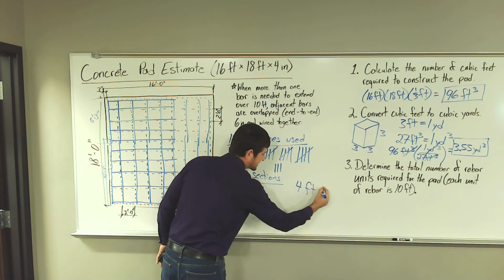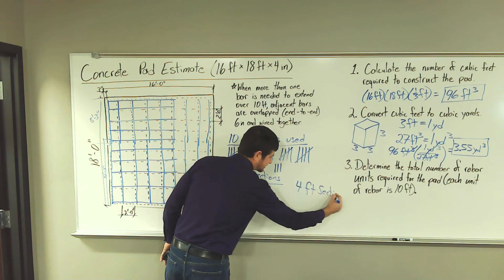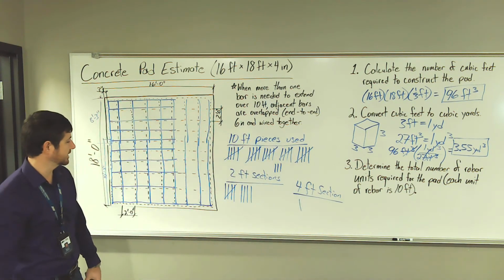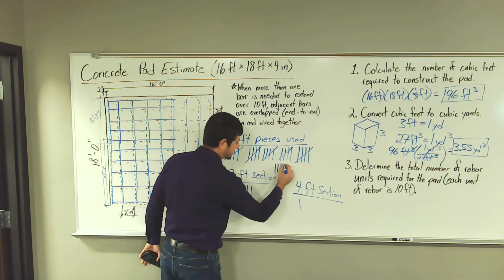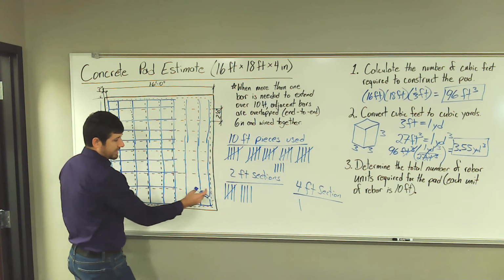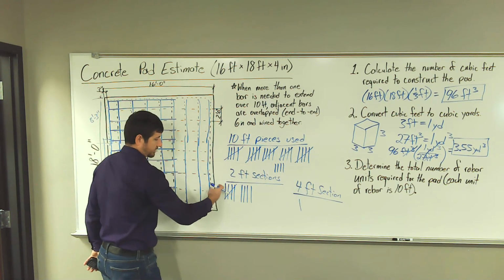So 4-foot section. All right, so we've got that there, and we have used a 10-foot piece of rebar, okay? So we have all this left over right now.